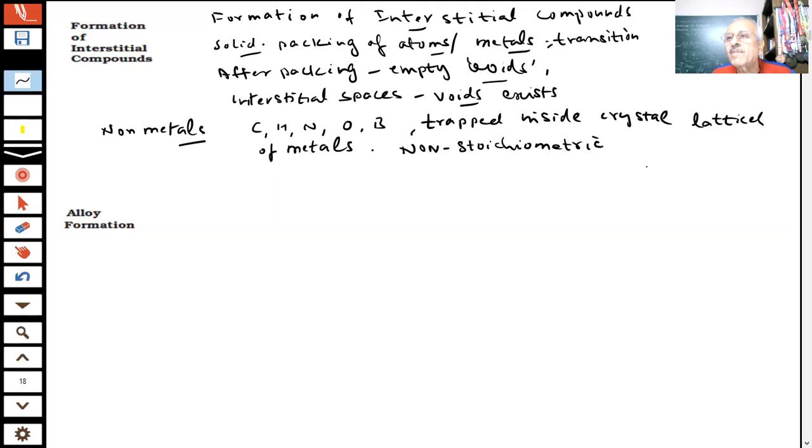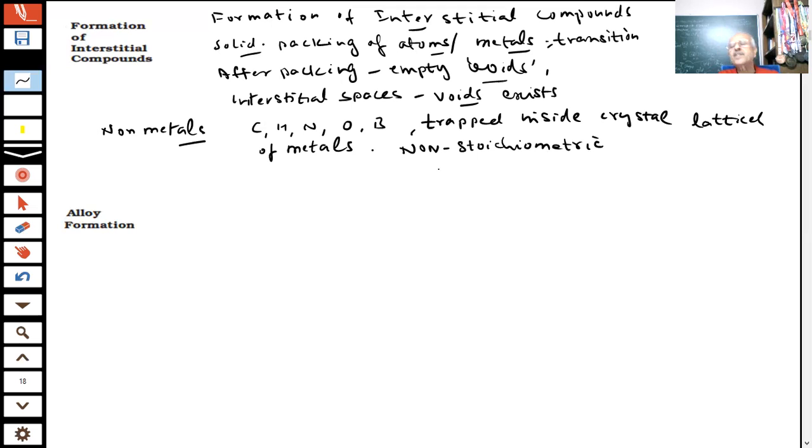They don't have definite stoichiometry, not like Al2O3 or Fe3O4. The stoichiometry is not fixed, students. It can change depending on how many small particles are present in the voids, how many voids there are, and which size fits. If the void size is very large, the atom cannot fit, and if it is very small, it cannot enter the void.